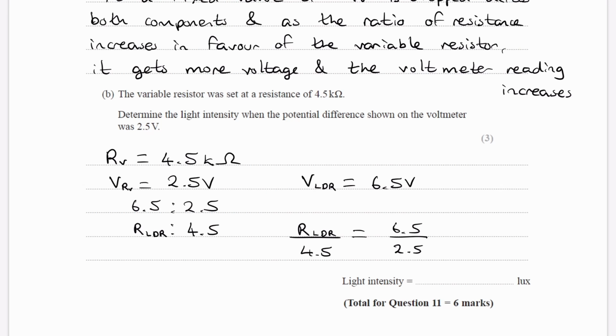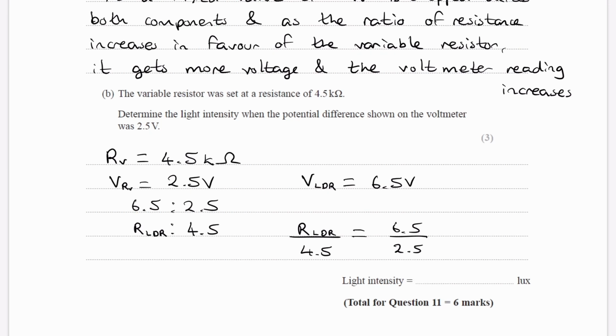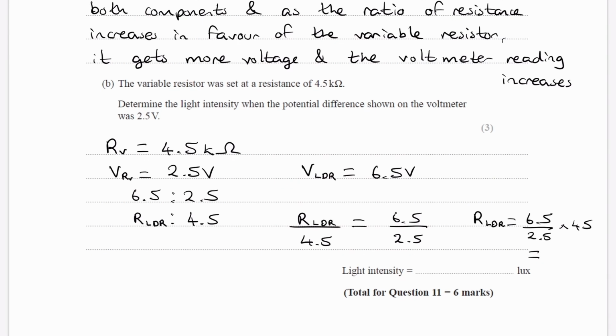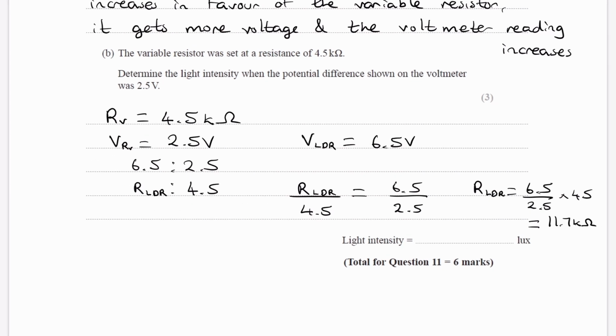If we rearrange this for the resistance of the LDR, we times this by 4.5. So 6.5 over 2.5 times 4.5 gives us 11.7. And remember that the 4.5 is in kilo ohms, so this resistance will also be in kilo ohms. So now we have the resistance, 11.7 kilo ohms.